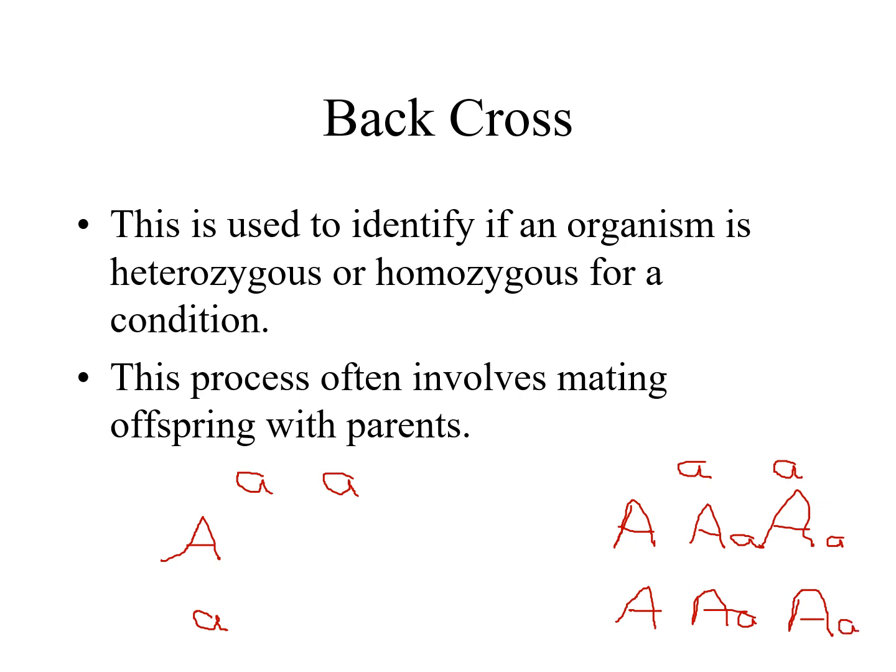If, however, the organism produced in the previous breeding was heterozygous, the offspring would be one of two possible combinations: heterozygous, which means they would not have condition A, or homozygous recessive, which means they would have condition A. So what you would have to do in order to work out if the previous organism was heterozygous or homozygous dominant is breed it a lot of times with the recessive organism and then look at the offspring.